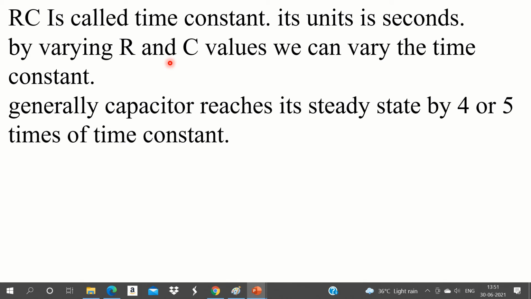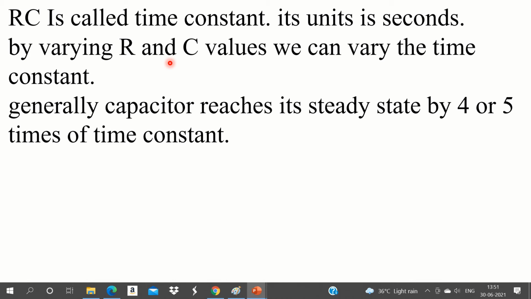The capacitor reaches its steady state. What is steady state? Open. The capacitor becomes open within 4 to 5 time constants. Steady state means it will continue in that state, if you do not disturb the input, for an infinite amount of time.